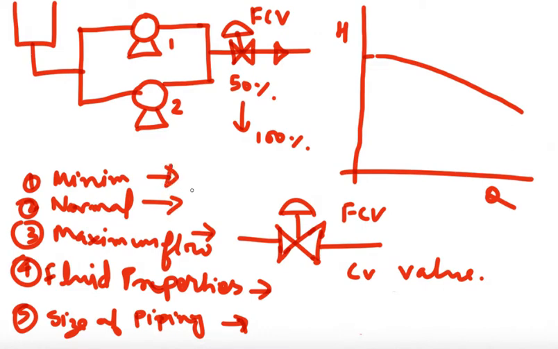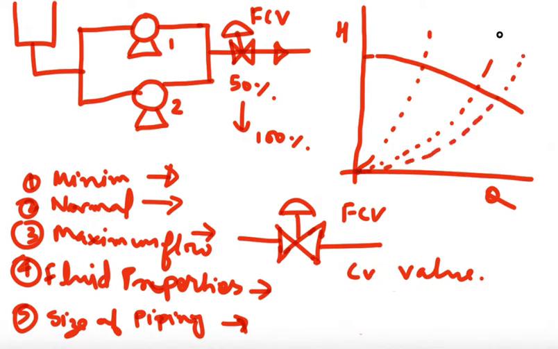Based on these three flows, we also give a value for allowable pressure drop. See, somewhere we are sending our fluid, so we know what the pressure there would be, what is the requirement of pressure there. So when the pump is operating at minimum flow, see here, I will tell you here. So for minimum flow, I will draw three pump curves, three resistance curves.